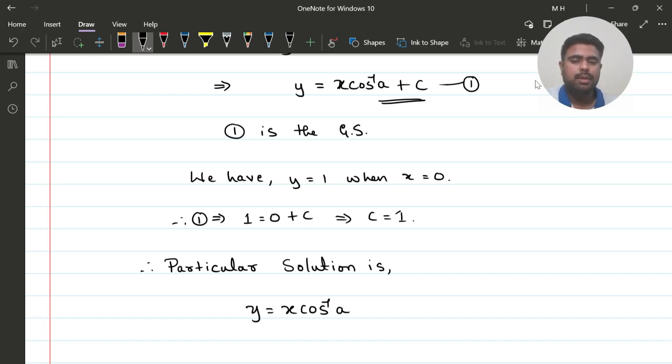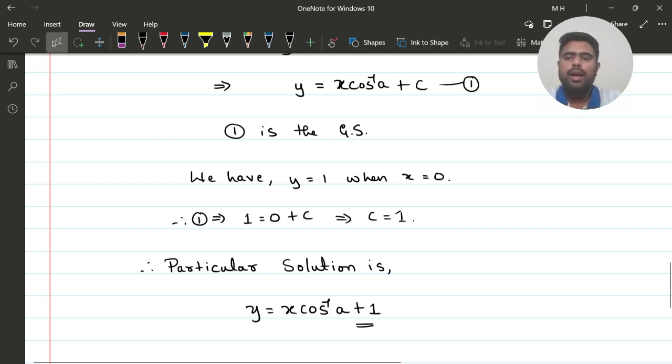So this is going to be the particular solution. That's all. We find the general solution the same way as before, but then we will have to find the value of the arbitrary constant and substitute it in the general solution.